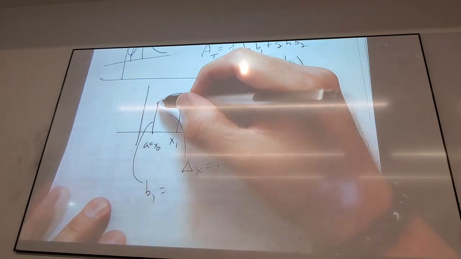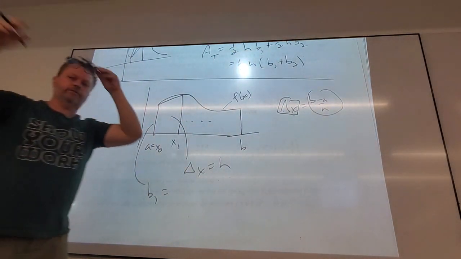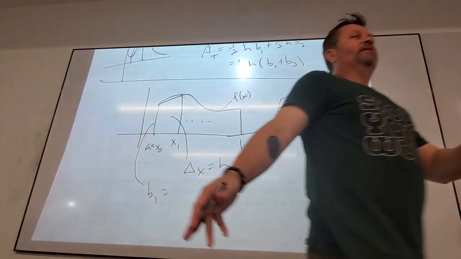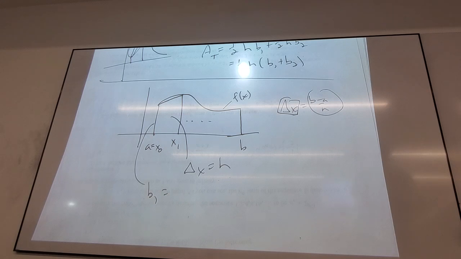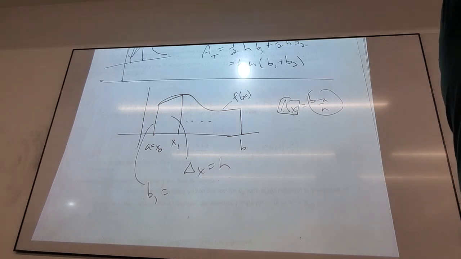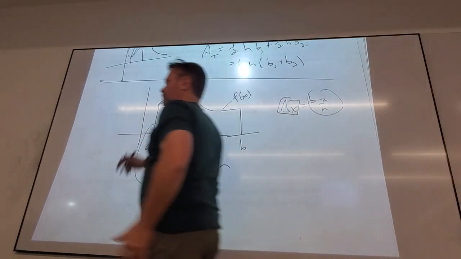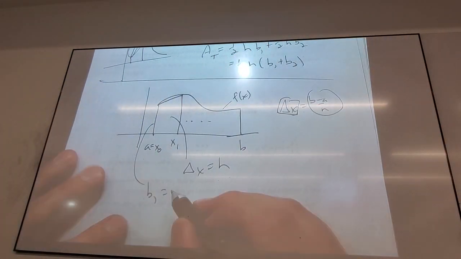Just like with Riemann sums, this was the height of the rectangle. Now for our trapezoid, this is the base, because the poor little dude's on his side. The way that we found the height was the function value, correct? So that's where B1 is, the function value again. So what's B2? X1.